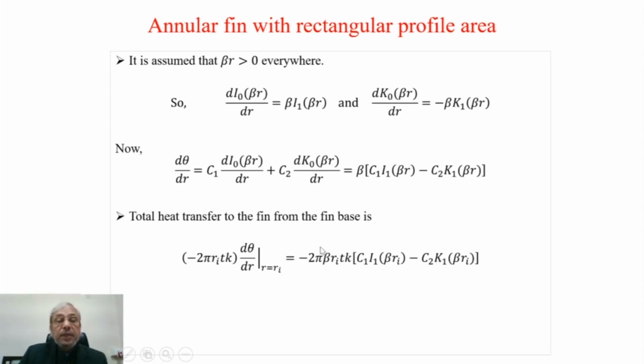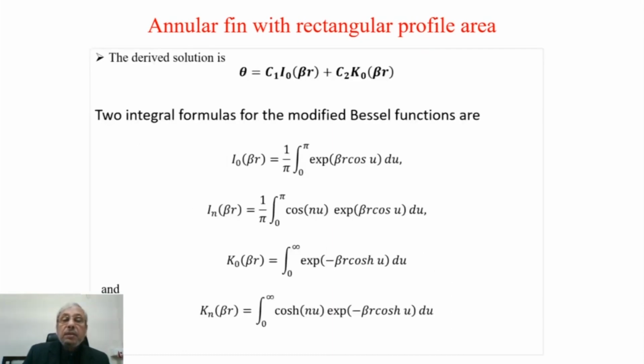This is basically heat transfer to the fin from the fin base. And this will be entering the fin and will be taken away through convective heat transfer by the surrounding fluid. So we get the solution theta, but the solution is in terms of C1 and C2.